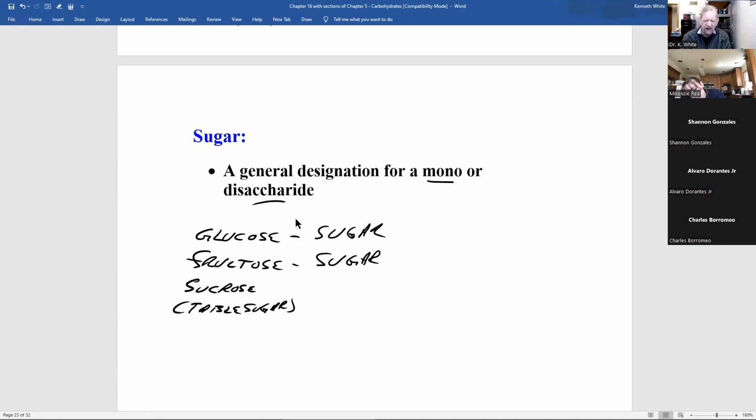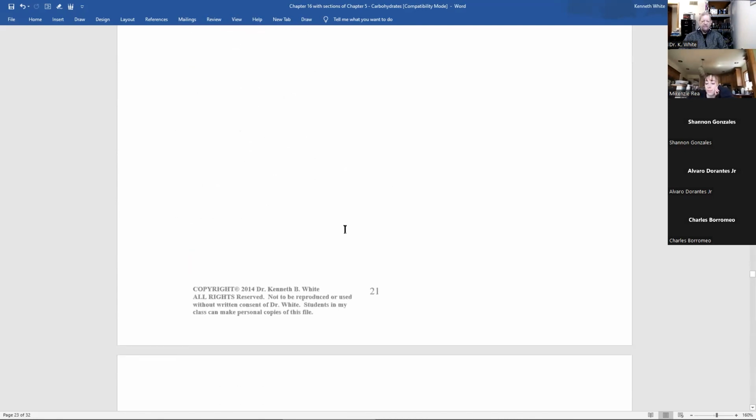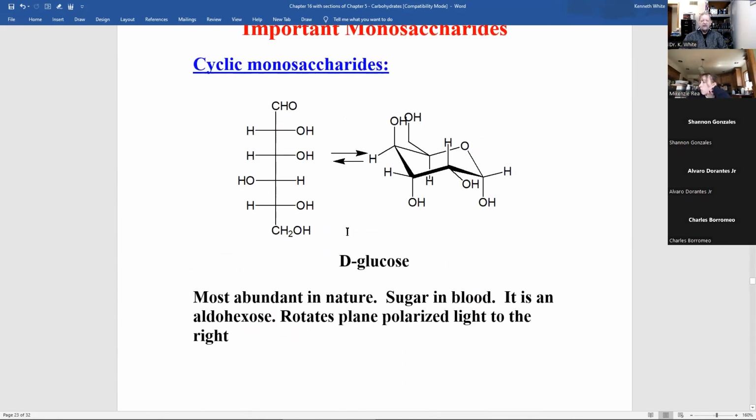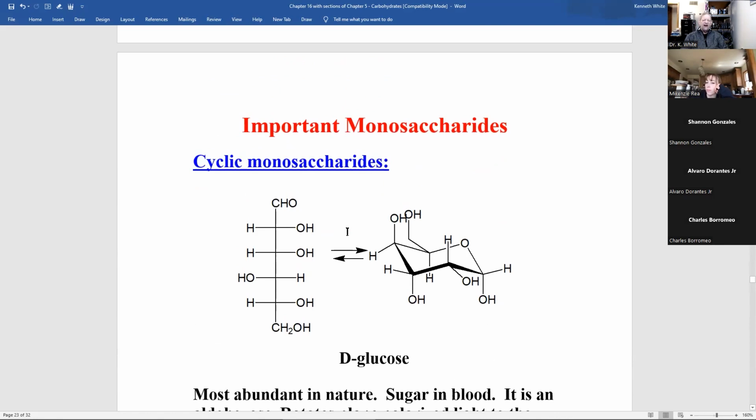I haven't been in a restaurant in ages that has the container you pour it out of, but this is, like I say, a sugar. And this is the designation for mono and disaccharides. Right now, I'm going to turn the switch off, but later on, I'm going to talk about this equilibrium that you see on your screen.